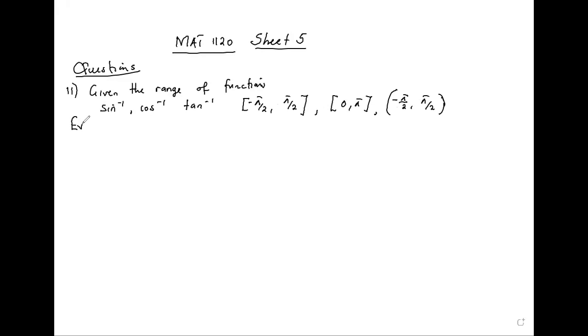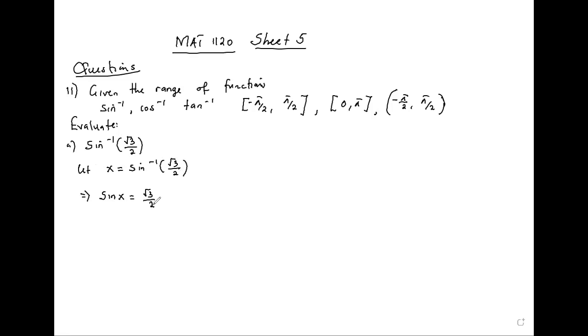Evaluate (a) sine inverse of root 3 over 2. Now, if we let x be sine inverse of root 3 over 2, this is the same thing as sine x is equal to root 3 over 2.